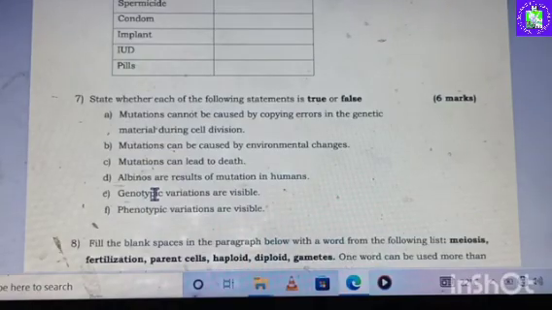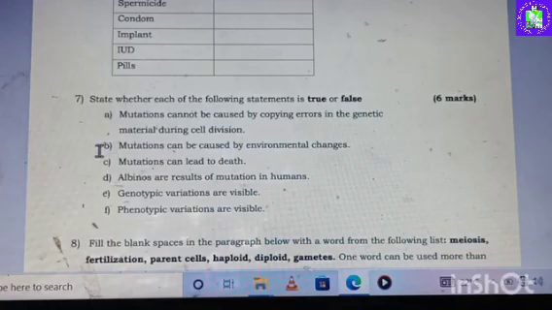Question number 7. State whether each of the following statements is true or false. Let us start with A. Mutation cannot be caused by copy error in genetic material during cell division.